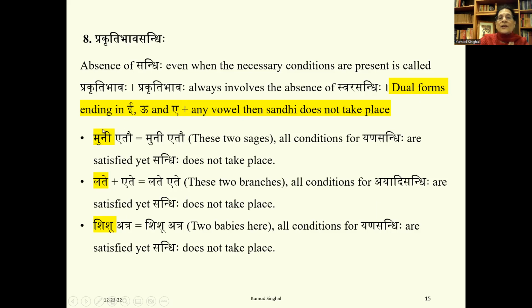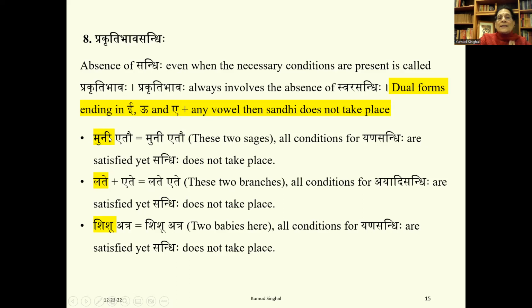Munee is the dual form, two sages, and it is followed by etau, these two sages. So the dual form is followed by a vowel, and here actually a Yan Sandhi should apply, right? I plus e, but no sandhi happens, it stays as munee etau. So if a dual form is followed by any vowel, then sandhi does not happen. All conditions for Yan Sandhi are satisfied, yet sandhi does not take place.